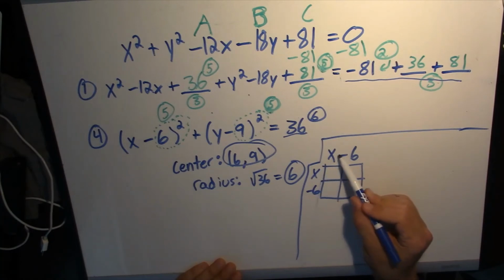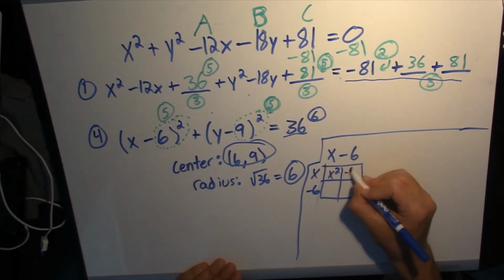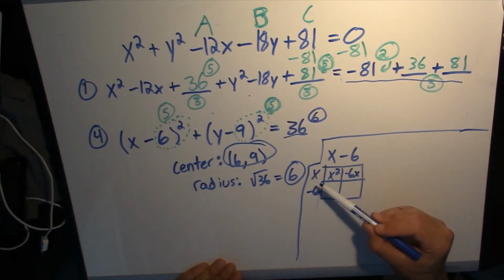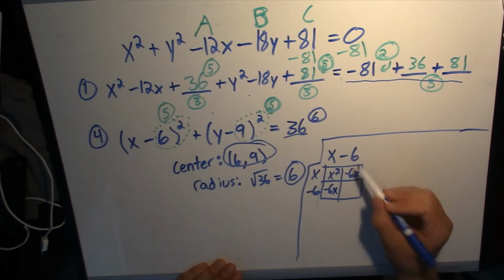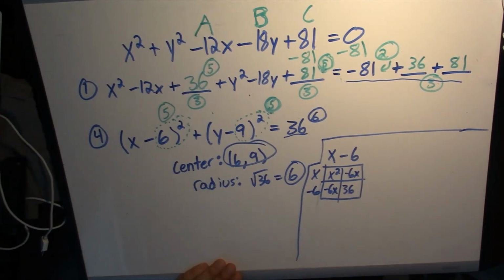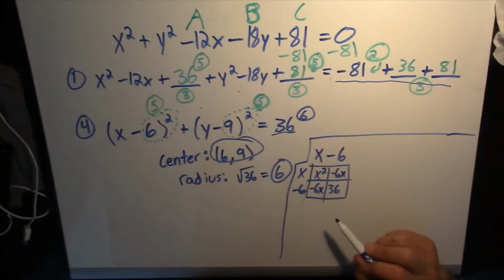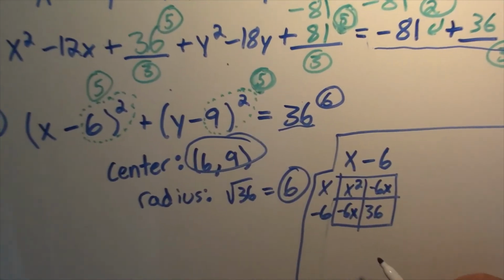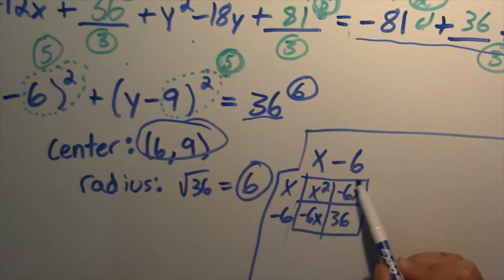x times x is x squared. x times negative 6 is negative 6x. Negative 6 times x is negative 6x, and negative 6 times negative 6 is a positive 36. I'm not sure if you can see that. Let me zoom it in because it's a little small. So here I have a negative 6 and a negative 6.